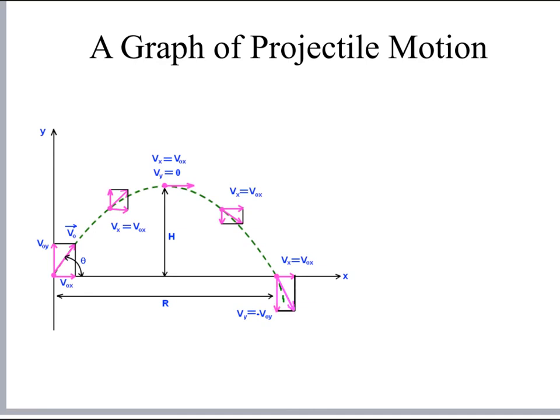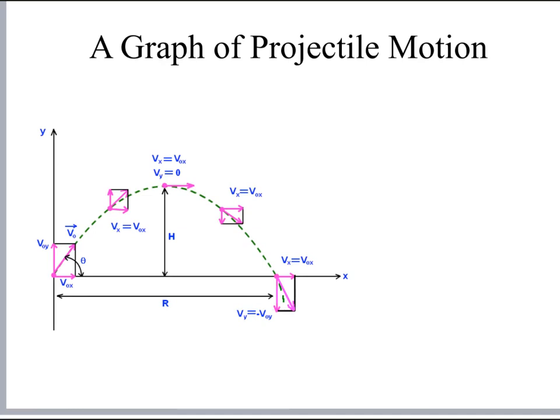Now we know that the velocity vector of an object moving on a curved path is always tangent to that path. That's one of the things that we saw in one of the earlier kinematics videos. So as this projectile moves along this parabolic path, if I pick any point on it, the velocity vector is going to be tangent to that parabola at that point.